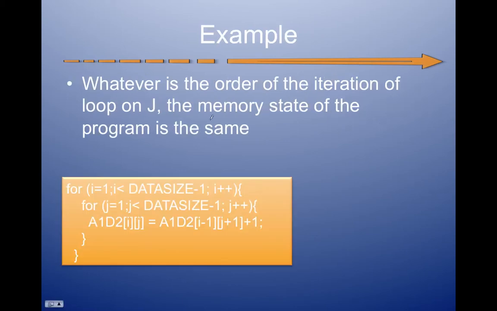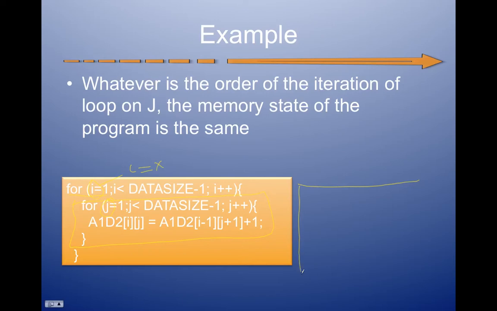So let's take an example. In that particular case, I'm considering this inner loop, on the j dimension. And in here, I have an outer loop, but when I'm considering this loop, I'm doing that for one value of i, which, let's assume, is equal to x.